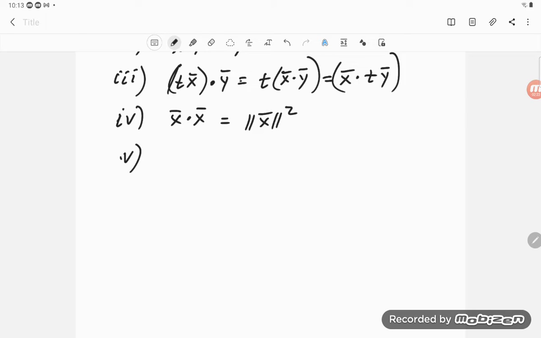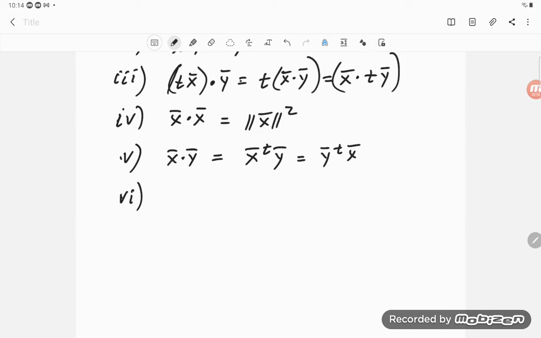5, x dot y is the same thing. If we think of everything as column vectors, this is the same thing as x transpose times y, which means that's also the same thing as y transpose times x. And so we can write those either way because they're a real number.